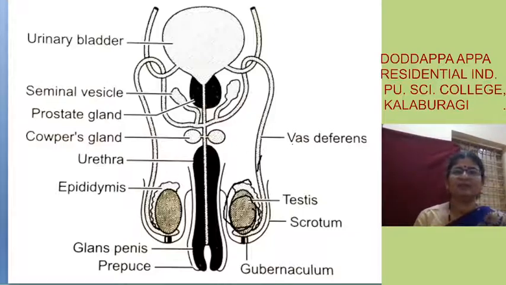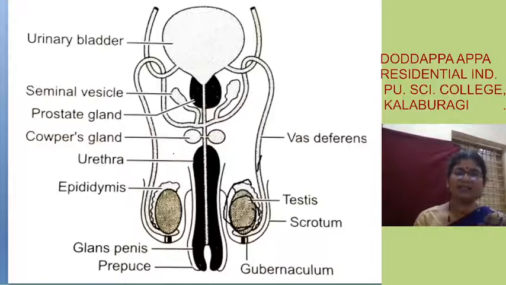Fine. And then it will open in the ejaculatory duct, and this will open in a common duct called the urinogenital duct in the male, because here the excretory as well as the reproductive products will get eliminated through a single duct, the urethra.